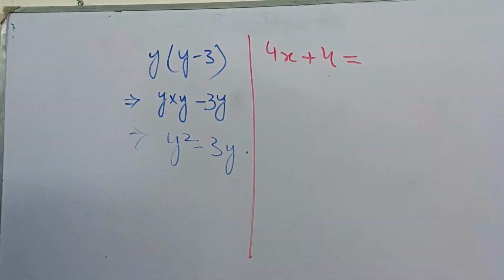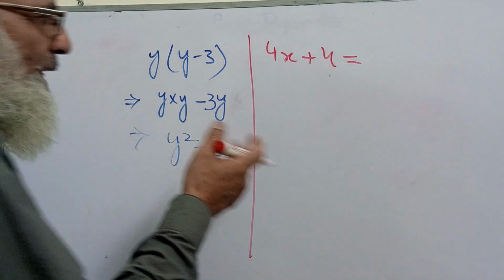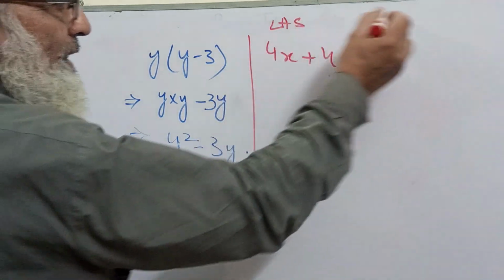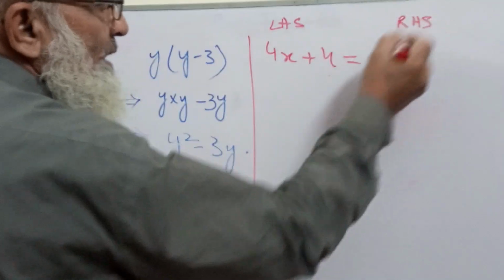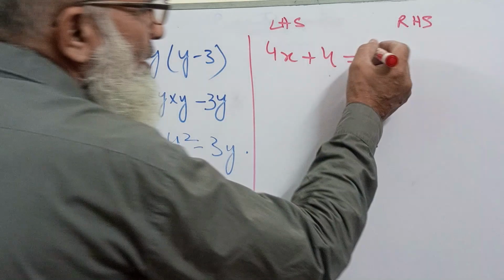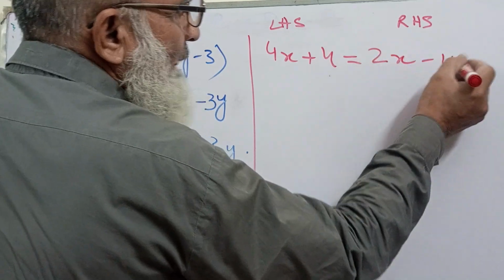When you see the sign of equality, it means that there are two sides, left hand side and right hand side, separated by the equal sign, and the equal sign means both sides are equal. So it is 2x minus 10.